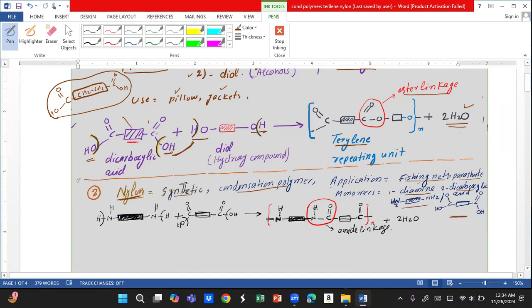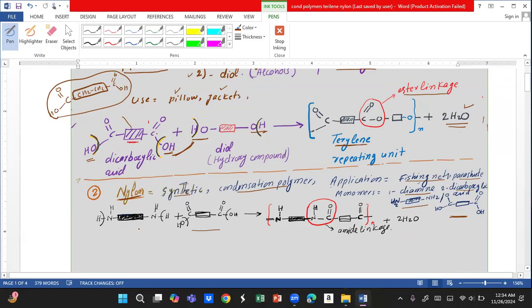Similarly, we have another monomer, dicarboxylic acid. Keep in mind that in terylene and in nylon, dicarboxylic acid is common. In terylene, the other monomer was diol. Here it is diamine. So only diol has been replaced with diamine.